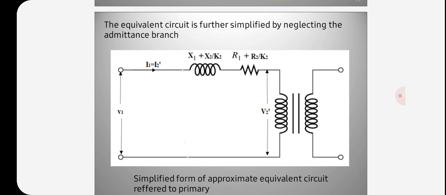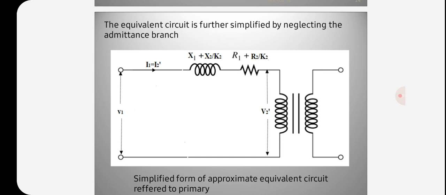Now the approximate or simplified equivalent circuit of a transformer. In this, the no load current I0 is small, that is 3 to 5% of the full load rated current, as compared to the rated primary current. Hence, voltage drops in R1 and X1 due to I0 are negligible.